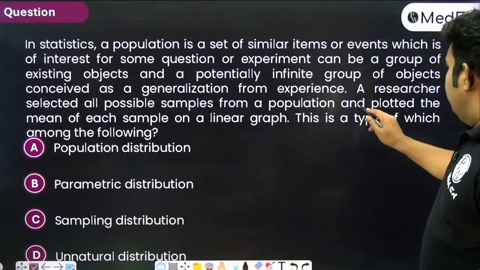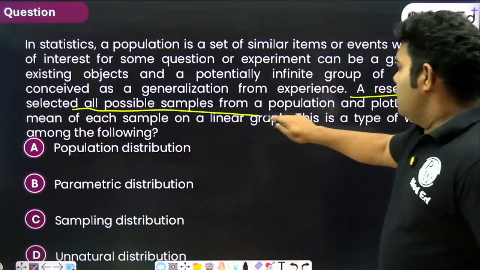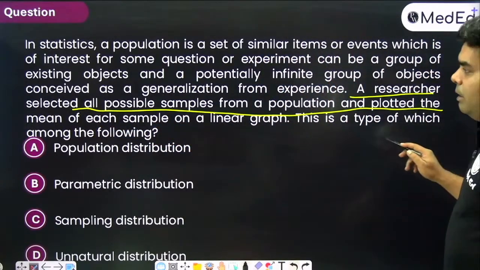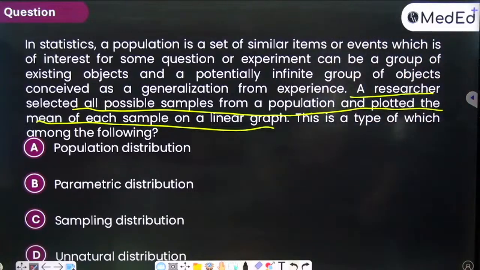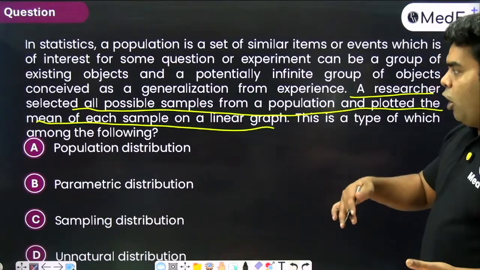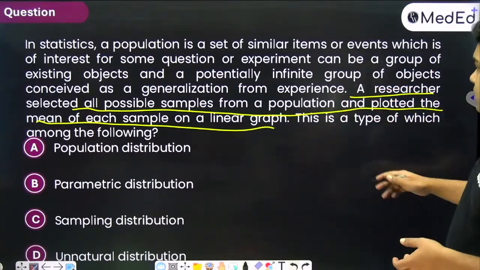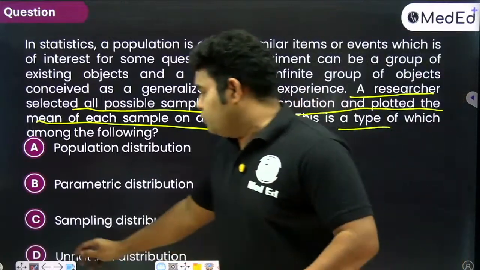Okay. Next question, let's read the last line. A researcher selects all possible samples from a population and plotted the mean of each sample on a linear graph. So if you are taking the mean of each sample and plotting them on a linear graph, then we call it sampling distribution.